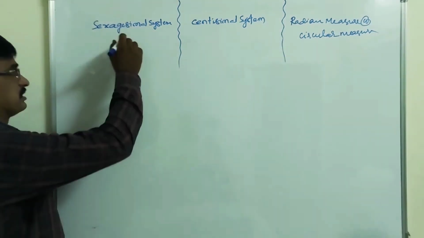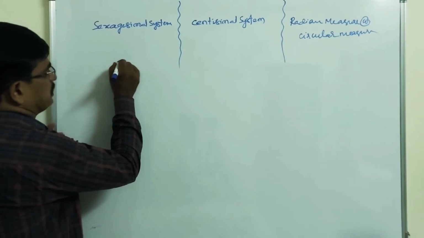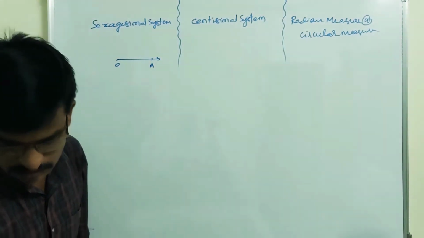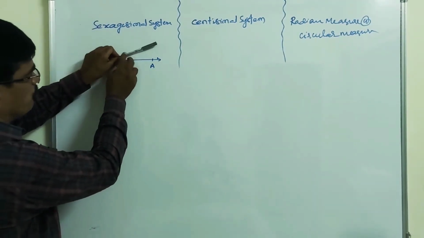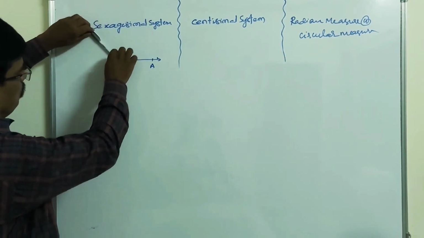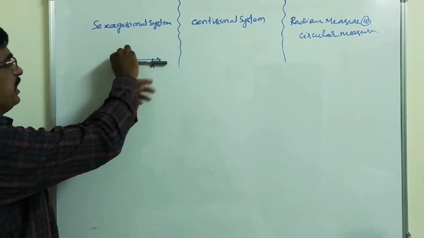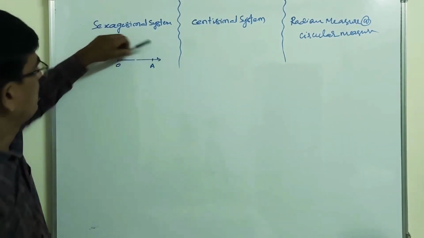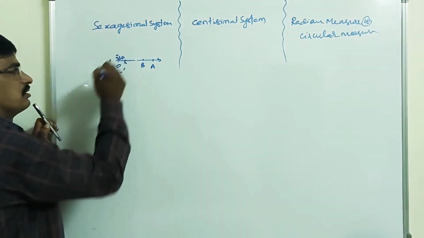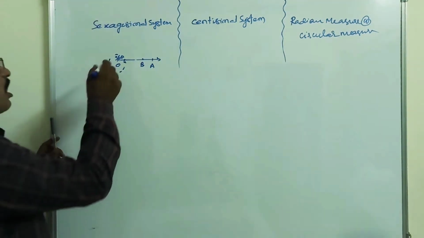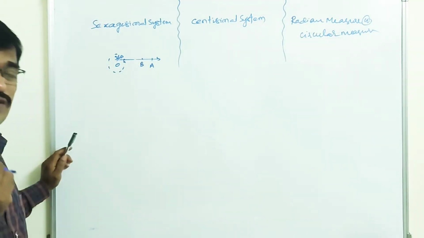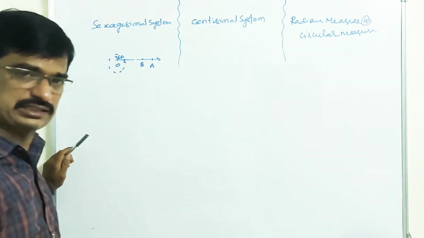So in the sexagesimal system, for example, if you take ray OA as a fixed ray, and let this be ray OB. If this ray OB makes a complete rotation, then the angle around O is 360 degrees. This 360 degrees is divided into 360 equal parts.